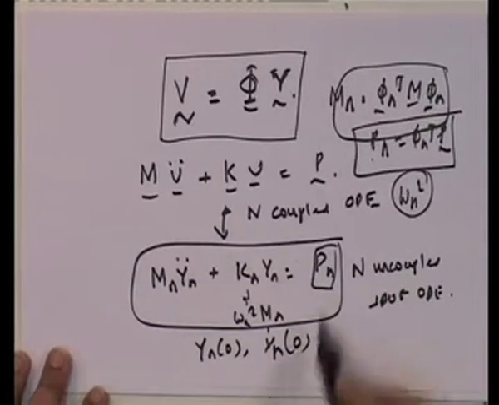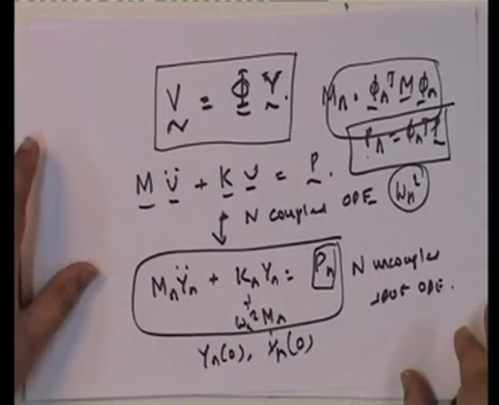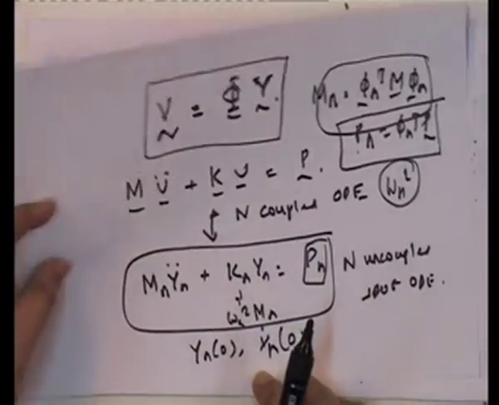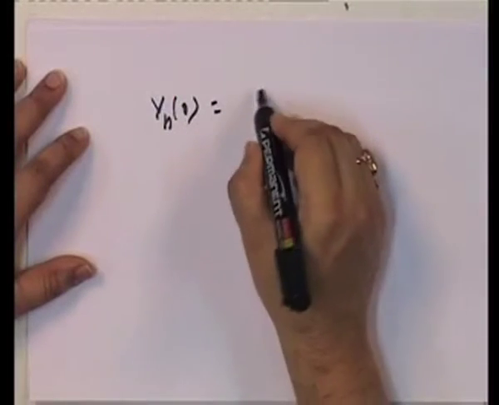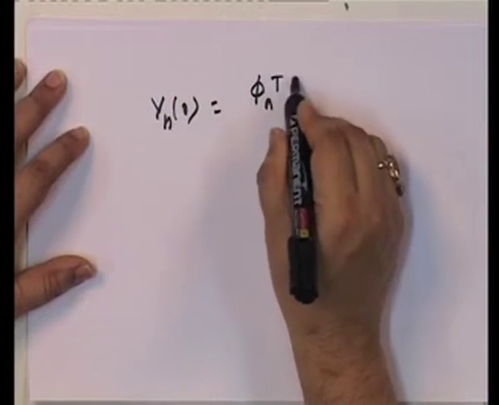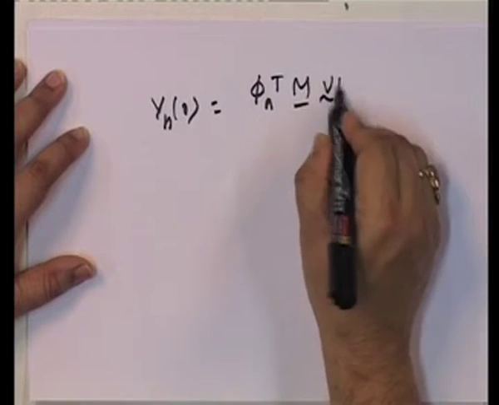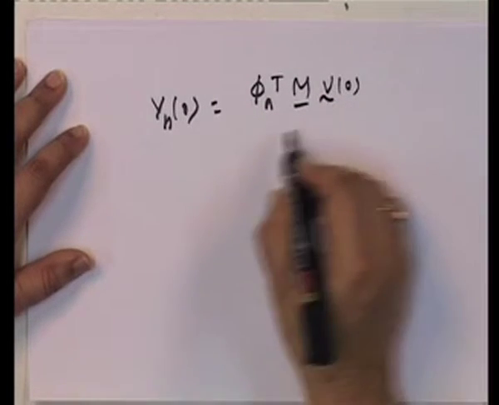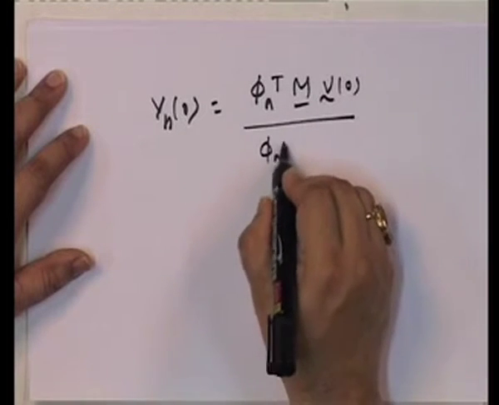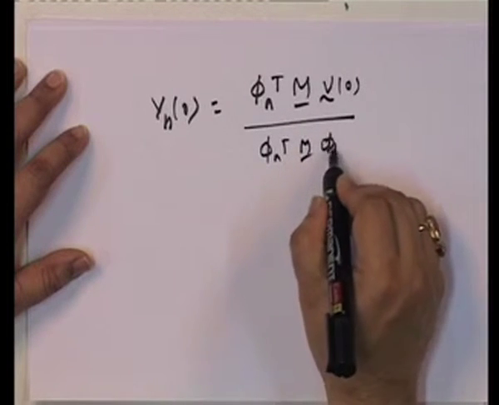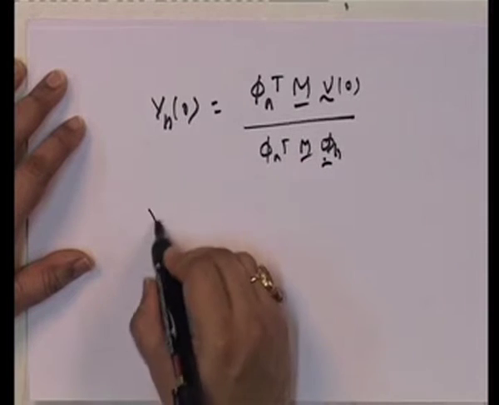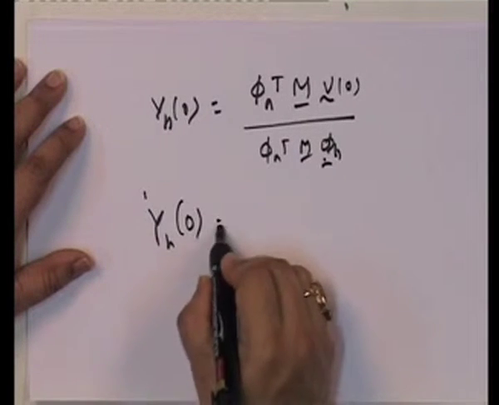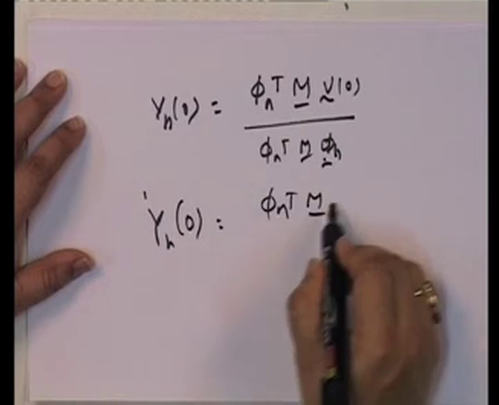Right? This is the general kind of problem, single degree of freedom problem. Well, how do I find out y n 0? Very, very simple. Why can't I find out y n 0? I have already done it. Y n 0 is equal to phi n transpose m v 0, which is v at time t equal to 0, upon phi n transpose m phi n, and therefore, y n dot is phi n into m n.